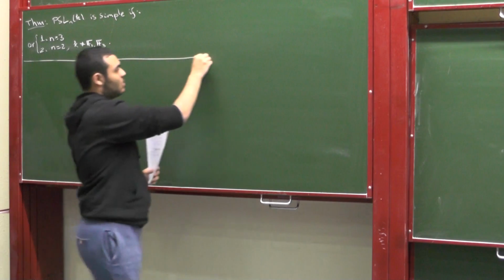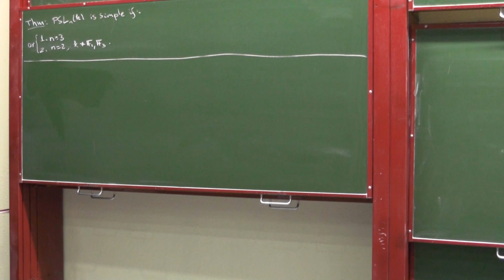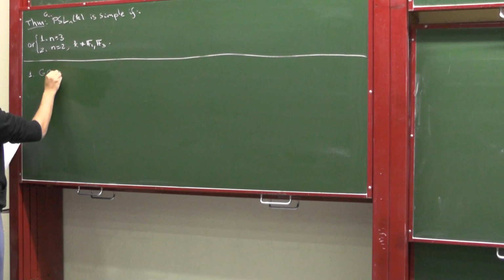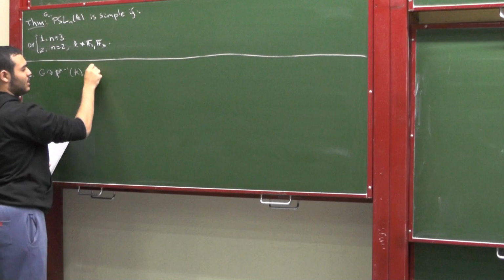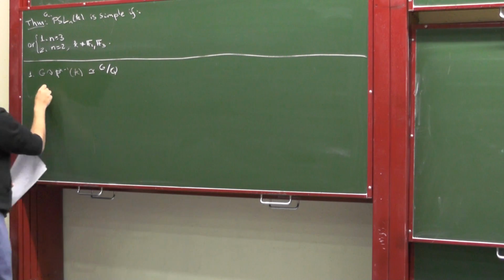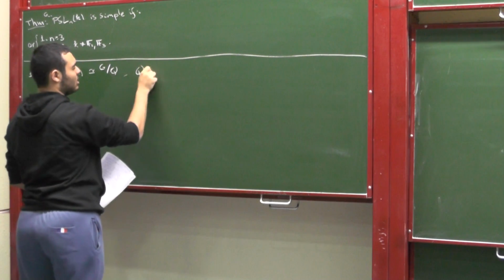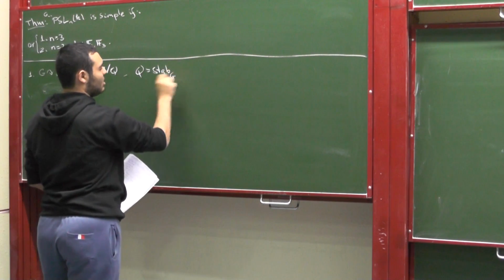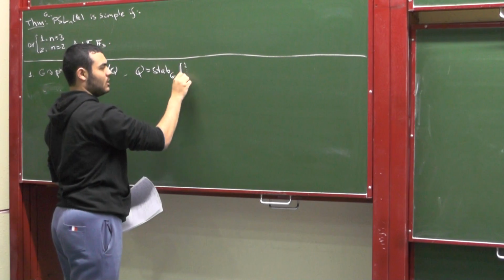Okay, so let's start proving this. Step 1. This is G. So we know that G acts on X here, and we can identify X by G mod Q, where Q is the stabilizer of one point, say the equivalence class of this vector.